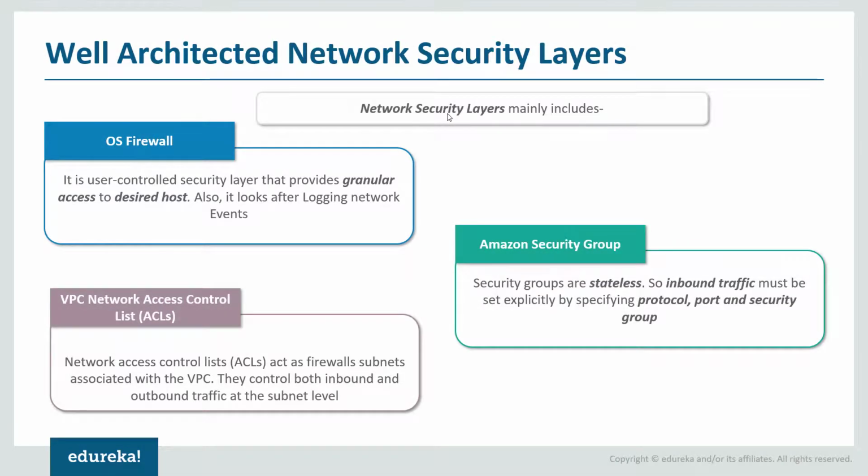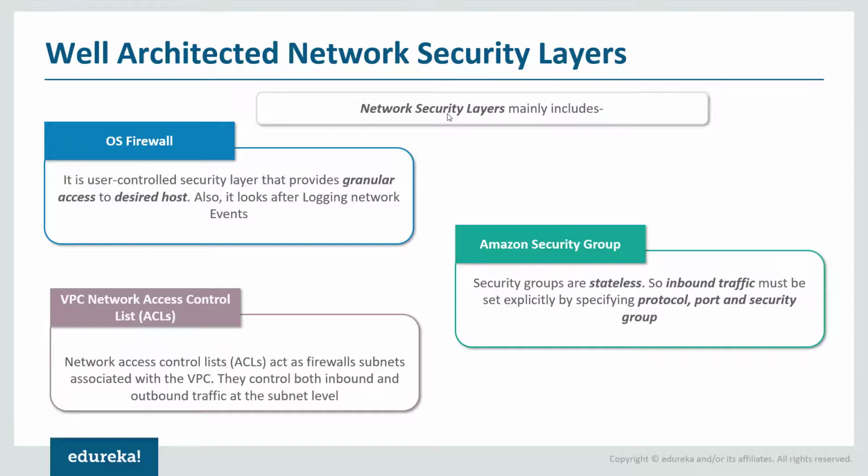First, let us talk about operating system firewall. Typically, any EC2 instance will have two security controls. The outer layer security control is your security group, by which you can allow the traffic to come inside the operating system. That's your EC2 instance.